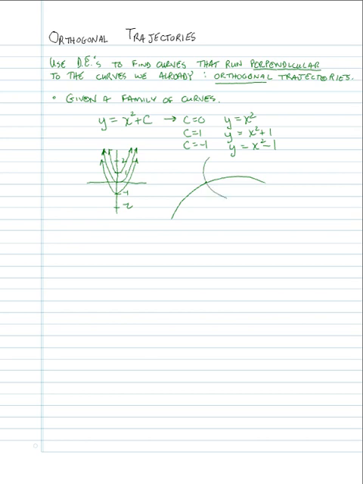At this intersection point, if we were to look at the two tangent lines, the tangent lines themselves would be perpendicular. So we say that at that point the two curves are orthogonal, or perpendicular. So we're looking for a second family of curves, and when we pick one of the curves in that family, it will intersect every curve in the first family in an orthogonal or perpendicular way.